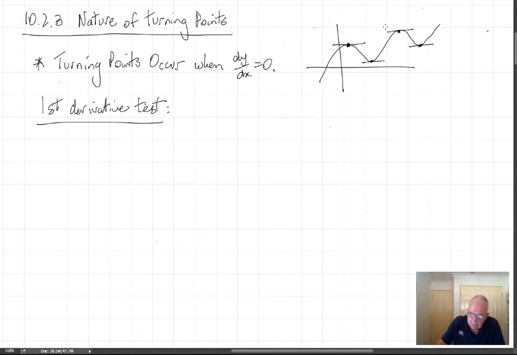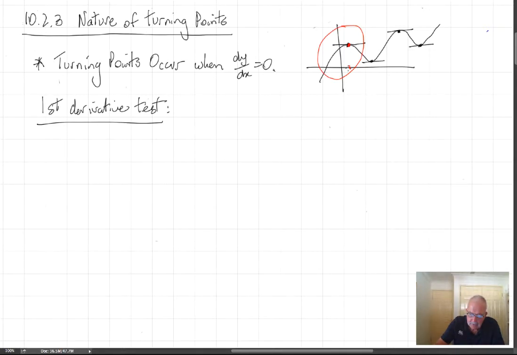If we look at this area, we want to find out, we didn't know what the graph looks like, but we've found out that at this x value, dy/dx is equal to 0. We don't know whether the graph's coming down like that or going up there.